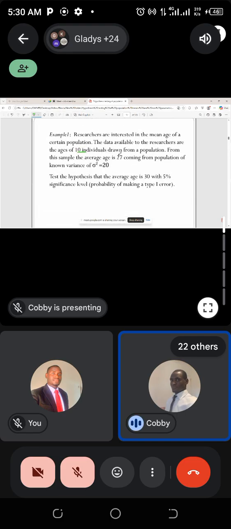That means the population mean where this sample is coming from is equal to 30. Okay. Then the alternative hypothesis is going to say the population mean where this sample is coming from is not equal to 40, to 30 I mean. Is it clear?